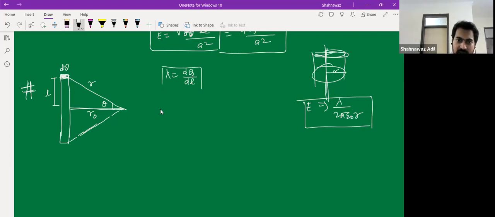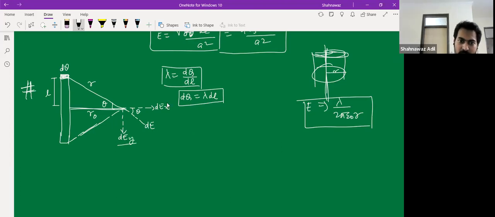So this dq would be lambda dl. So this is theta, and this is dE, and this is dEx, and this is dEy.